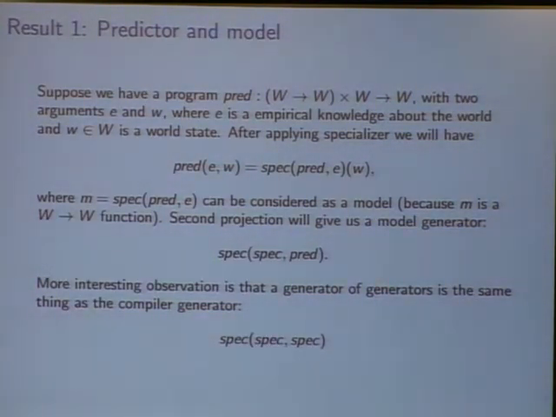After applying the specializer, we will have the following equation, where the result of specialization can be considered as a model, because M is a double-to-double function. The second projection will give us a model generator, but a more interesting observation is that a generator of generators is the same thing as a compiler generator. You can see that we can extend Futamura's result to a wider range of programs.